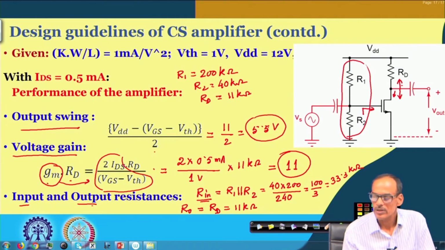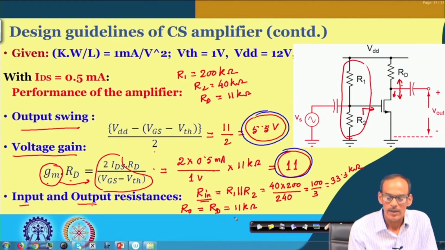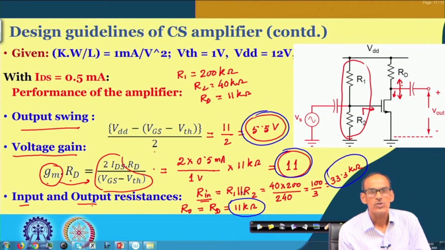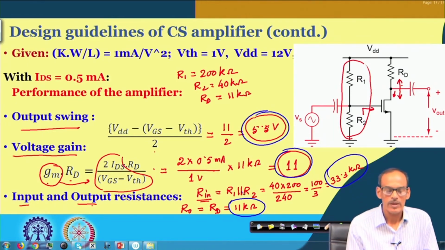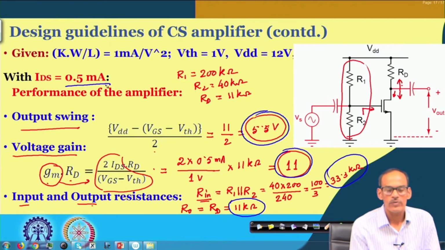So, to summarize, we are getting the performance of the circuit: the output swing, gain, then input resistance, and then output resistance. Of course, here we are starting with I D S equal to 0.5.